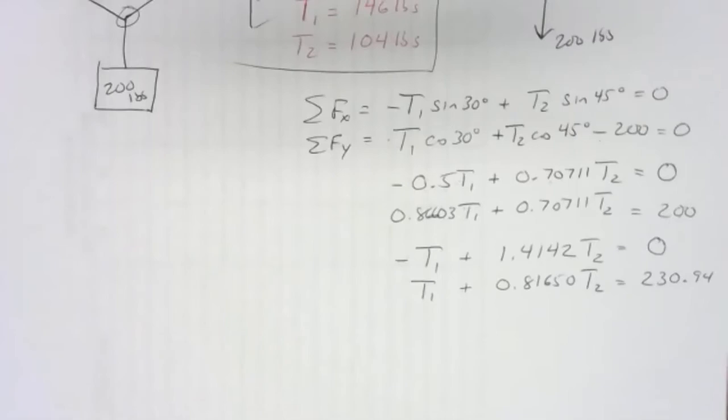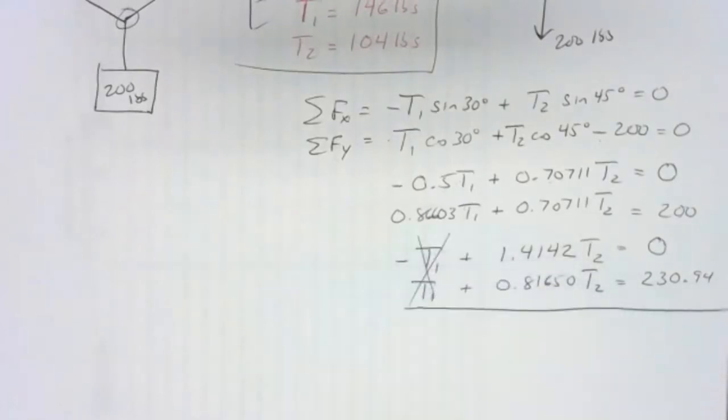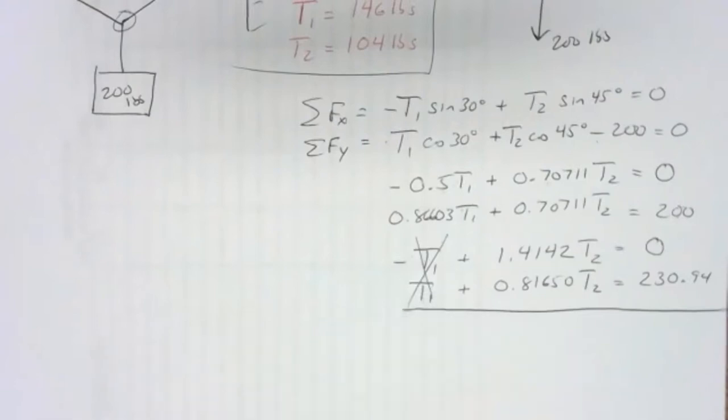So there we've got two equations that are ready for elimination. When I add these two equations together, the T1s will cancel. Negative T1 plus a positive T1 is 0. That'll leave me with just T2 and just a number, and that I can solve.